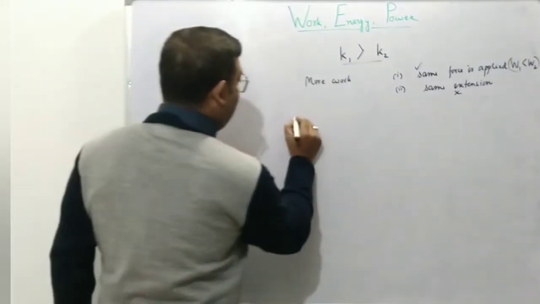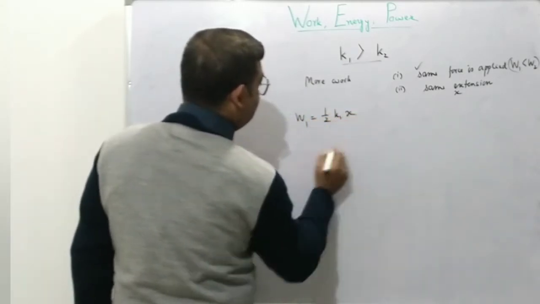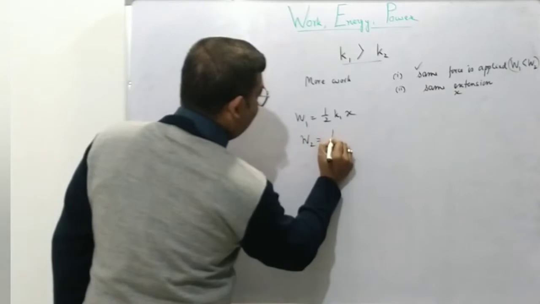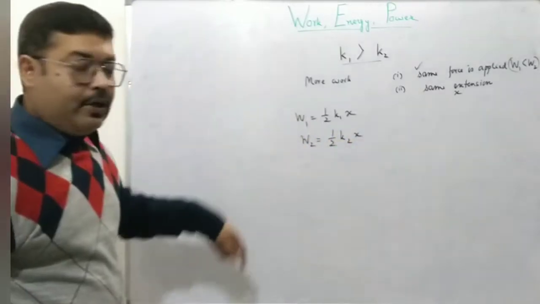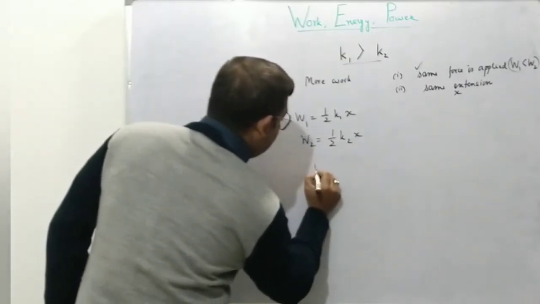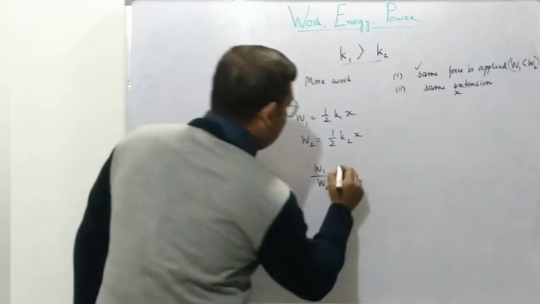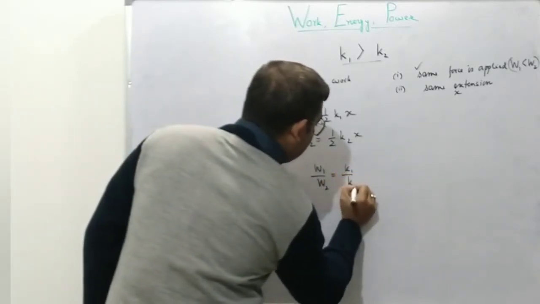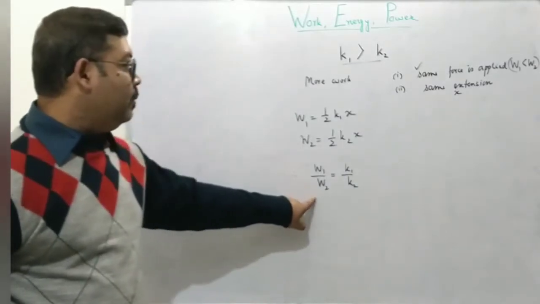So W1 will be half K1 into X squared and W2 will be half K2 into X squared. So if you take the ratio, we get W1 by W2, the ratio of the work done in the springs, will be K1 by K2. Since K1 is greater than K2, W1 will be greater than W2.